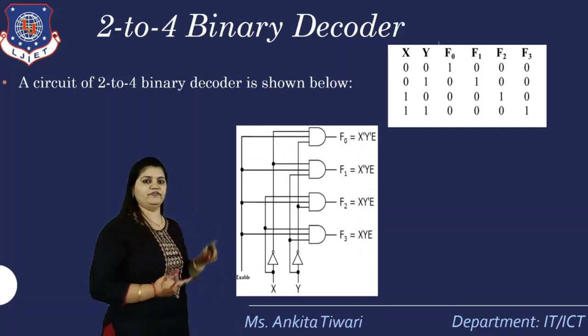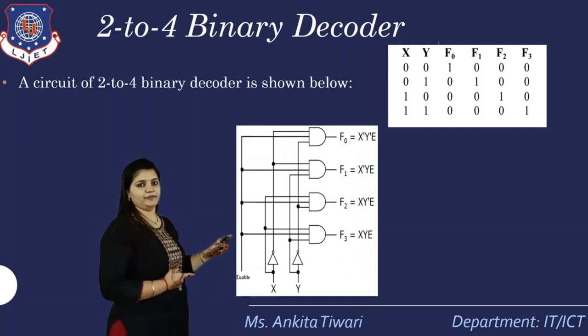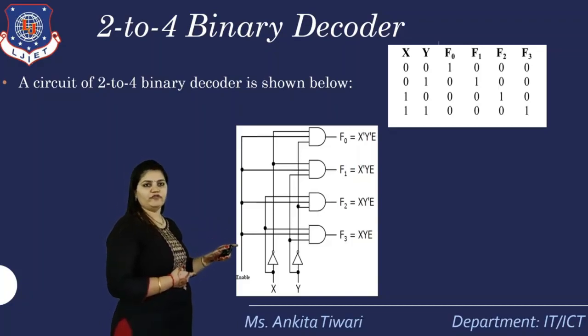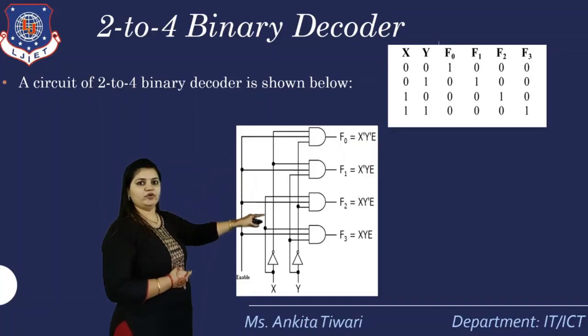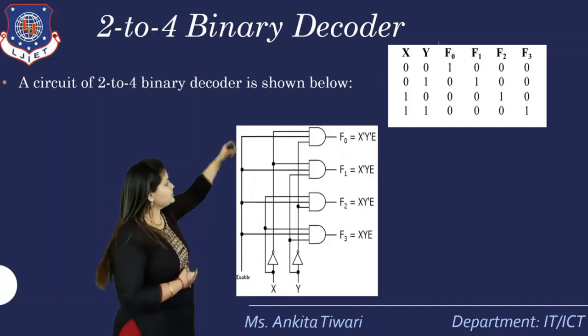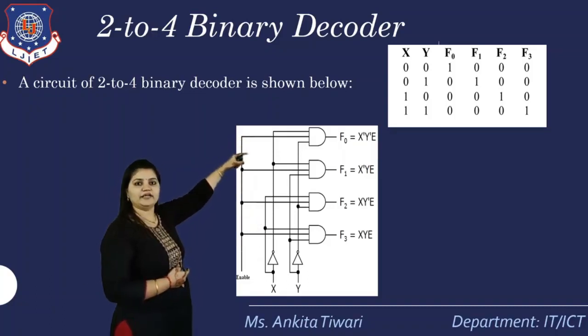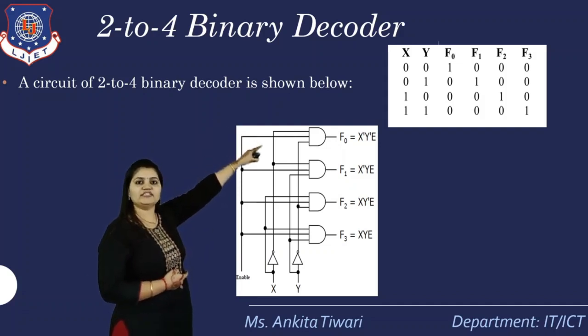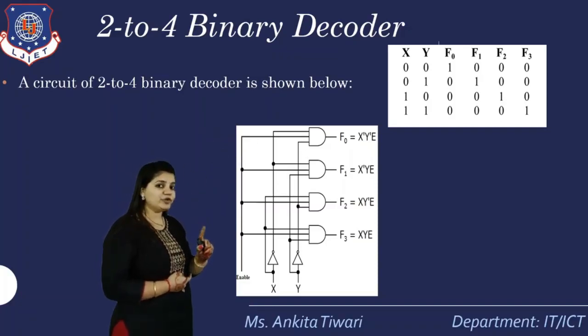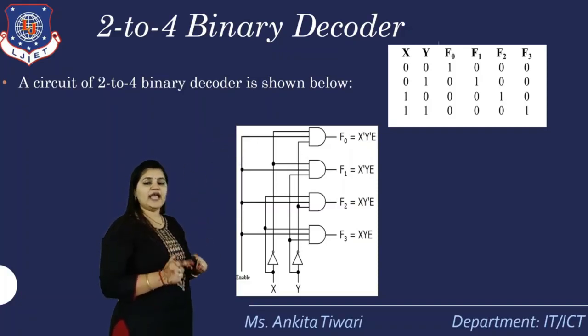Now with respect to that, we have this circuit diagram. The circuit diagram will include 4 outputs: F0, F1, F2 and F3. Now with respect to F0, as you can see in the truth table, for F0 to be 1, the input values X and Y are 0, 0.